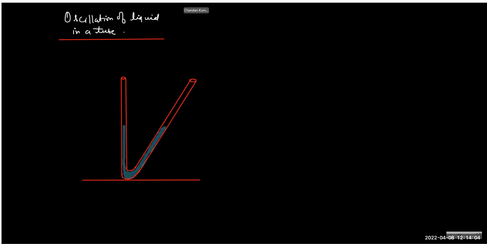So you can see in the very beginning, the height up to which the liquid is filled vertically is small h. This is the liquid filled. The cross section of the tube is fixed.